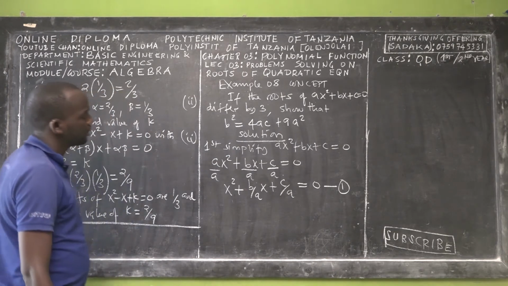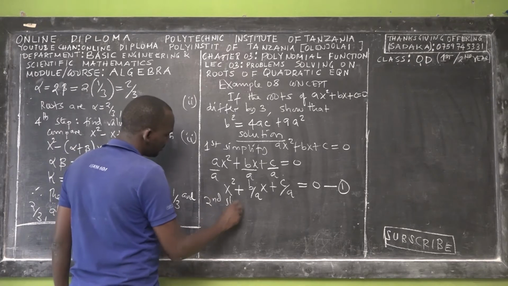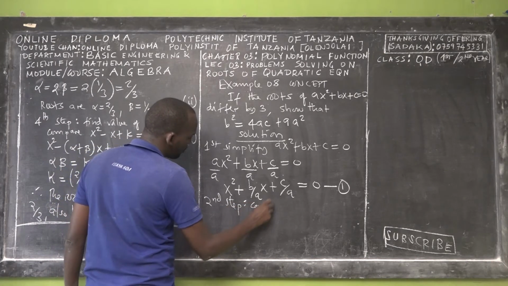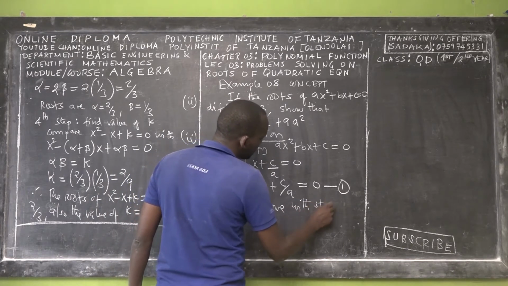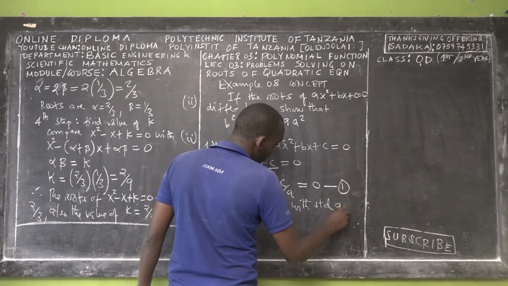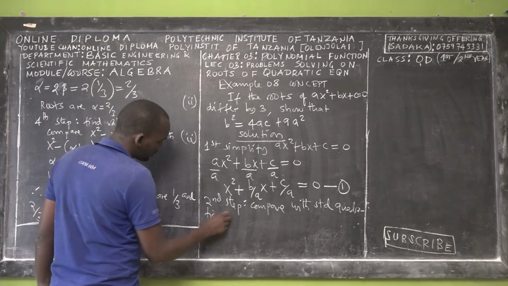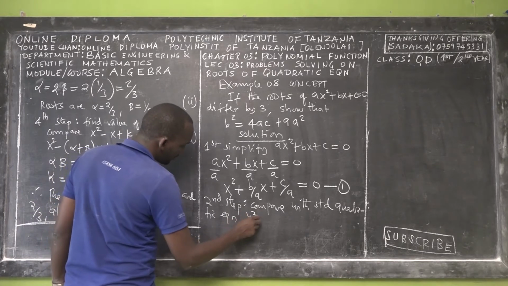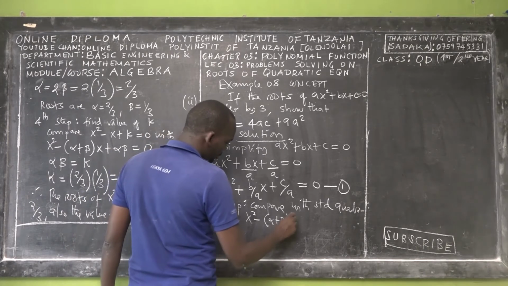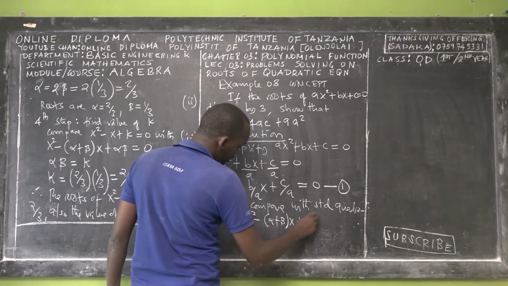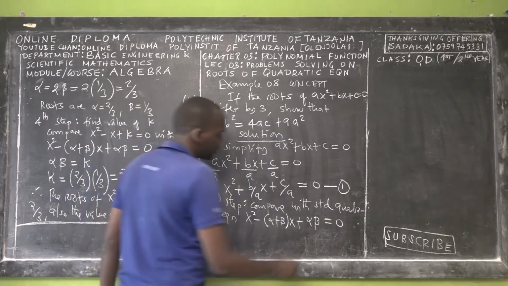Then we go for the second step. We have to compare equation 1 with the standard quadratic equation, which is x squared minus the sum of the roots, alpha plus beta, times x, plus the product of the roots, alpha times beta, is equal to 0. So this is equation 2.